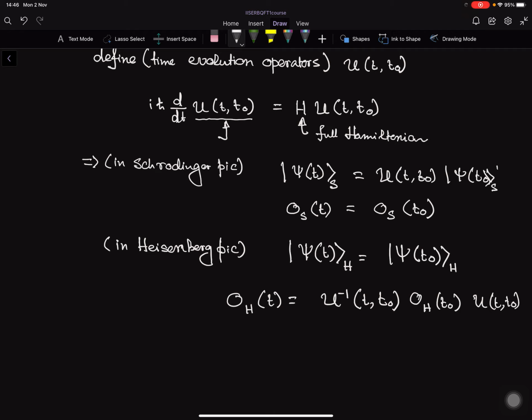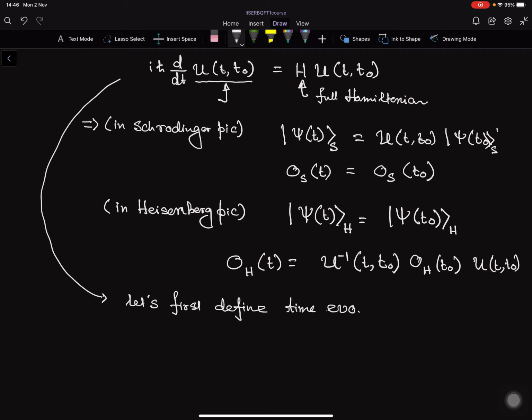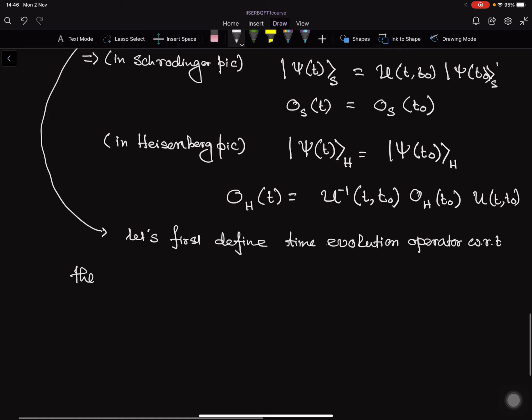Now in order to define the Dirac picture or the interaction picture, first we define the time evolution operator with respect to the free Hamiltonian. Okay, so what do we mean by that?